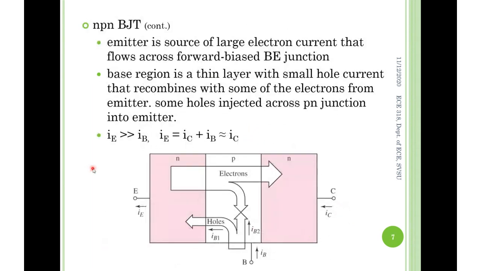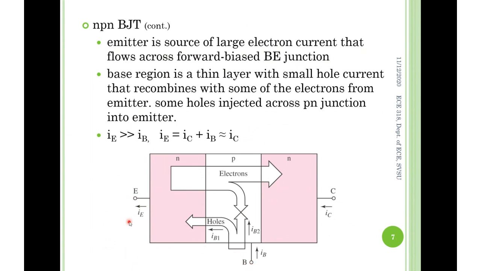Now let's talk about the behavior of the NPN BJT. In an NPN BJT, the emitter is a source of large electron current that flows across the forward-biased BE junction. B is base here, E is emitter here, and there's a junction in between, with a voltage drop between base and emitter.